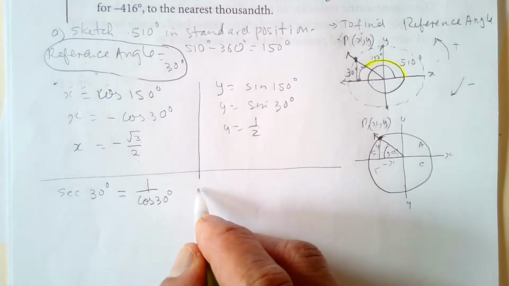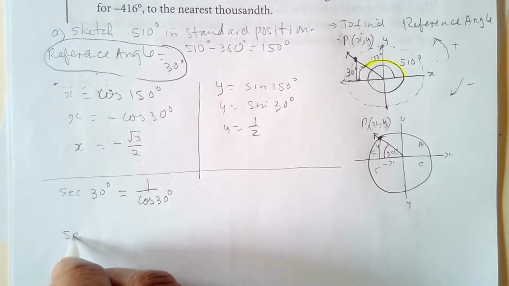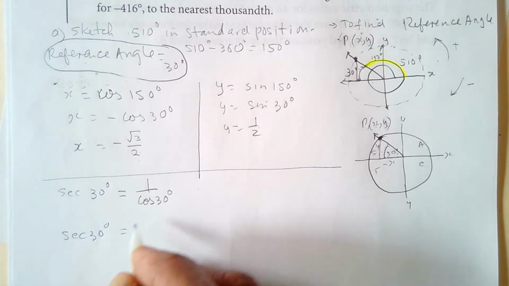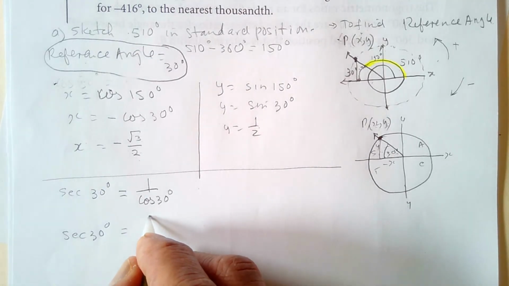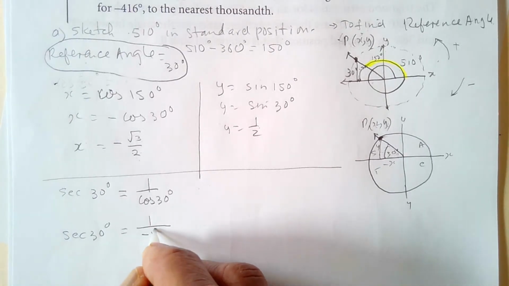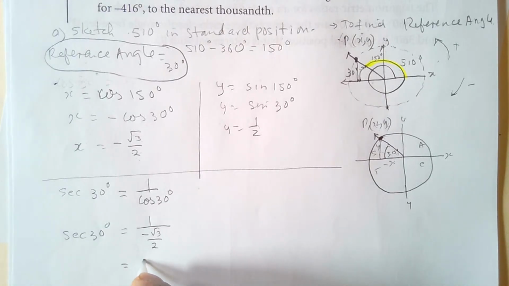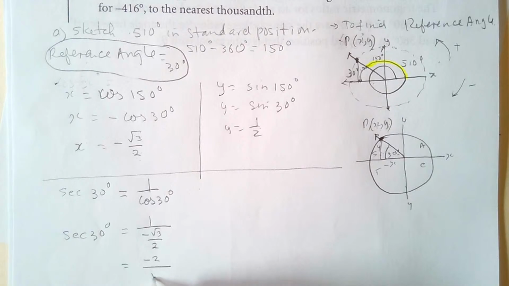So secant 30 degrees is 1 over negative root 3 over 2, which is negative 2 over root 3.